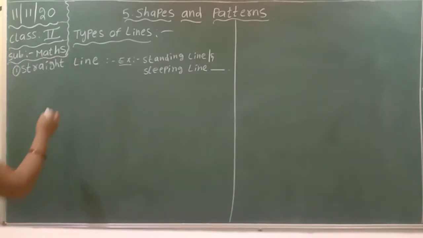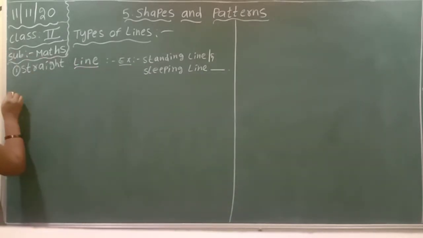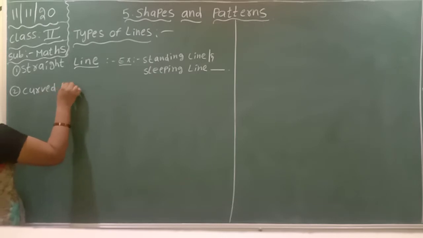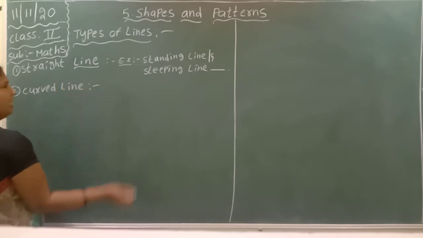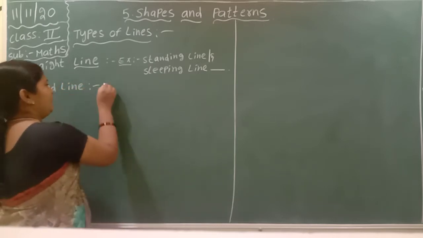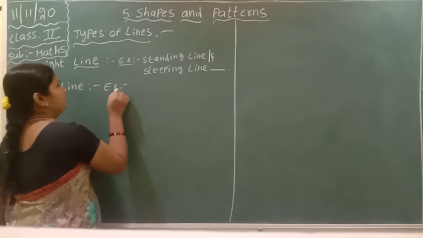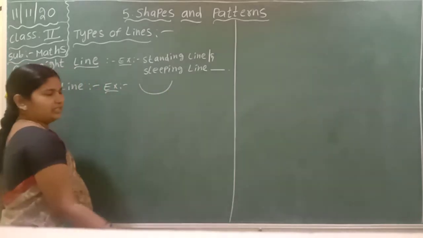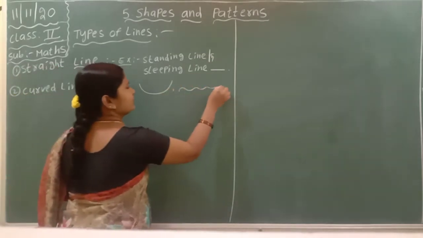Next, the second one is the curved line. An example is a U-shaped curved line, and like this also.